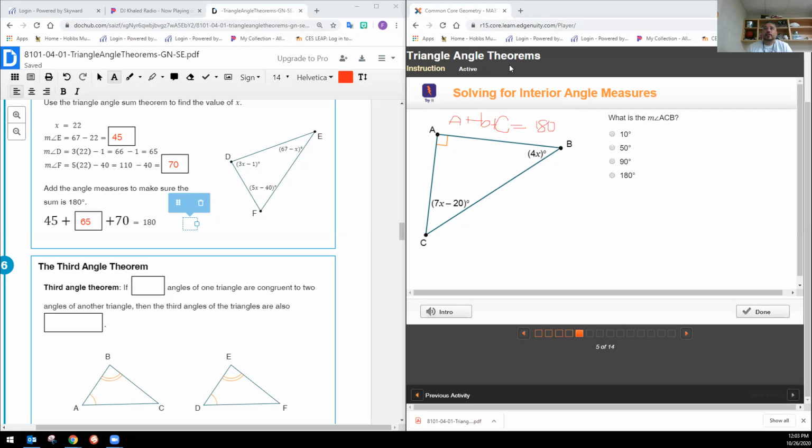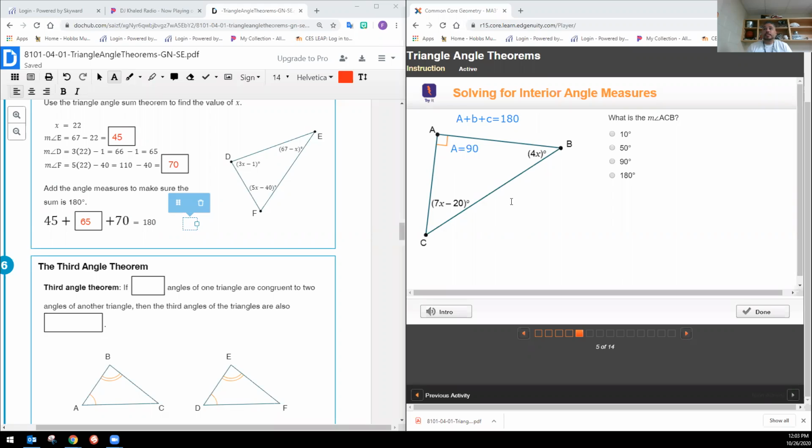I'm going to clear all that out because I'm going to write this in text better. If A plus B plus C is equal to 180, we know that A is equal to 90.